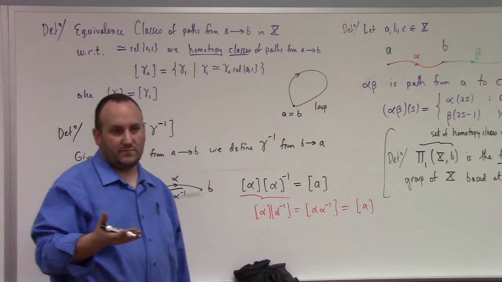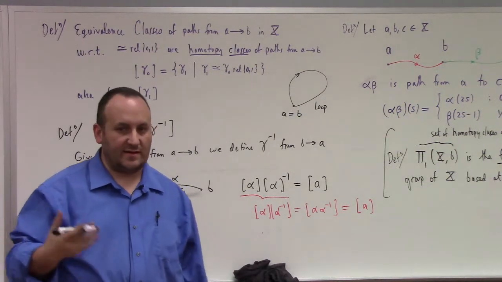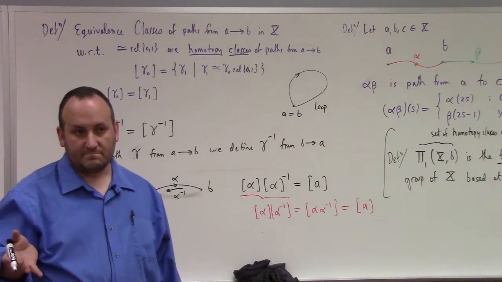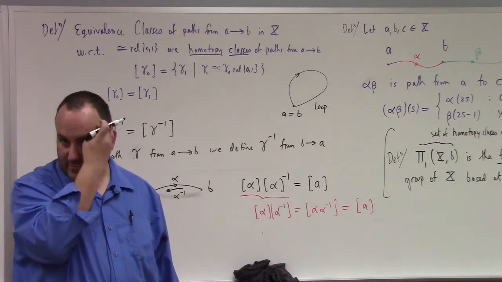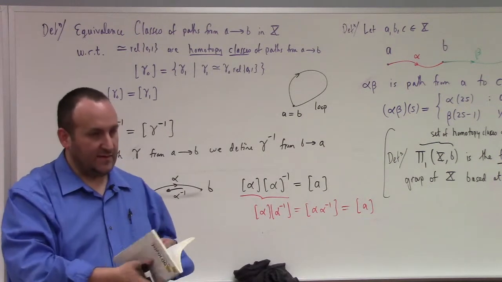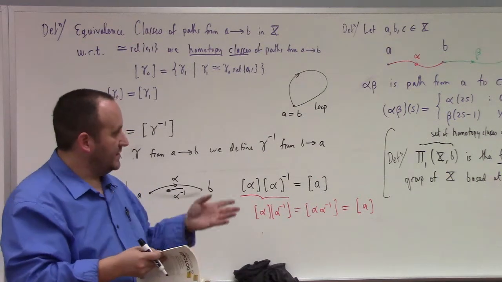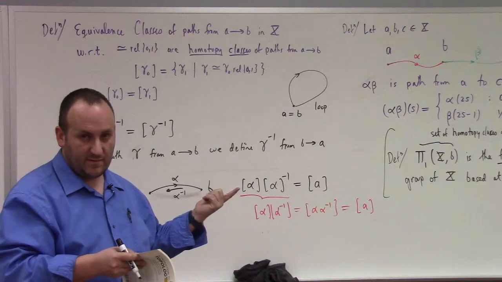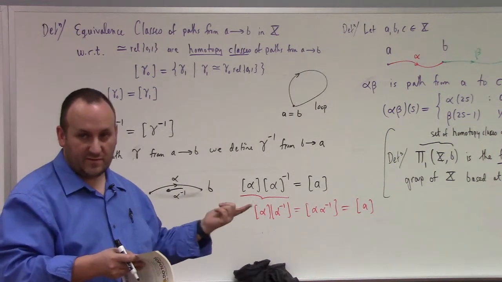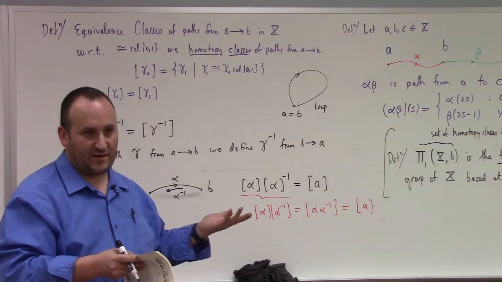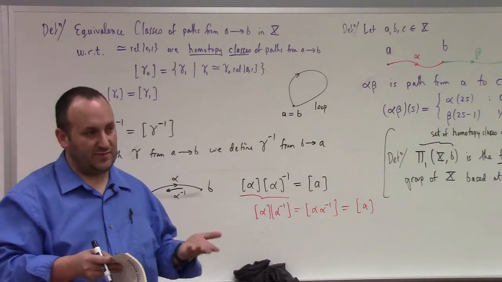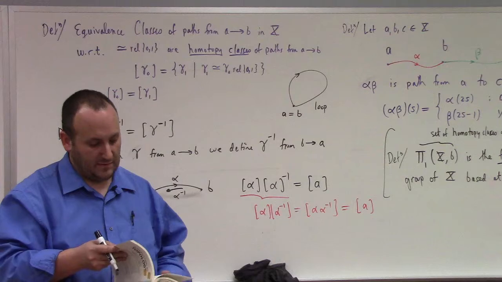But everything we've done today doesn't need A and B to be distinct. If A and B aren't distinct, we look at paths that begin and end at B, loops, and we can talk about the homotopy of loops, because that's just a special case of the homotopy of paths with fixed endpoints. We're just saying the fixed endpoints are equal to B.